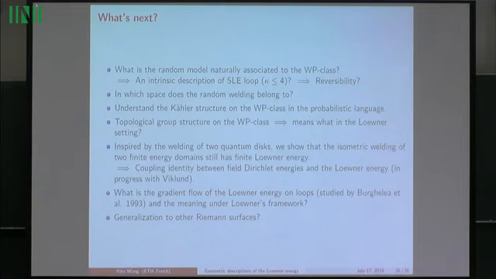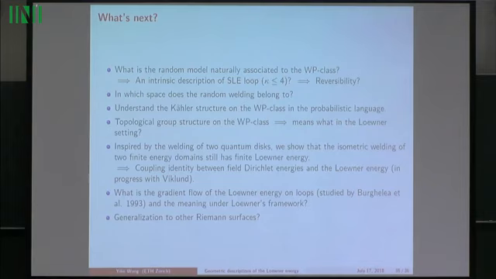And also some work in progress that is a more doable thing. We are deriving a coupling identity between the Dirichlet energies on the field with the Loewner energy. That is work in progress with Friedrich Wickland. And other questions, for example, there is a natural gradient flow on the Loewner energy, and what does that mean? And the notion of Loewner energy is not specific to the Riemann sphere.